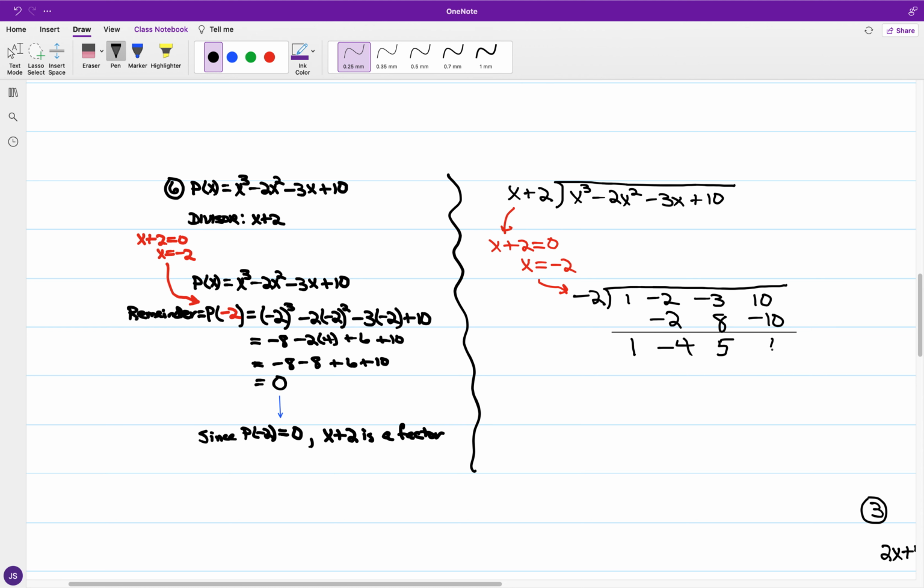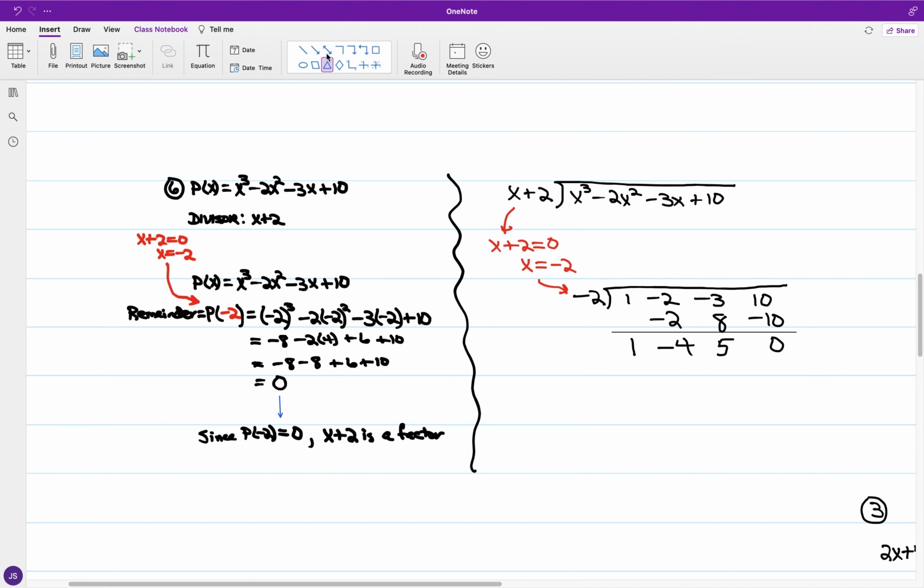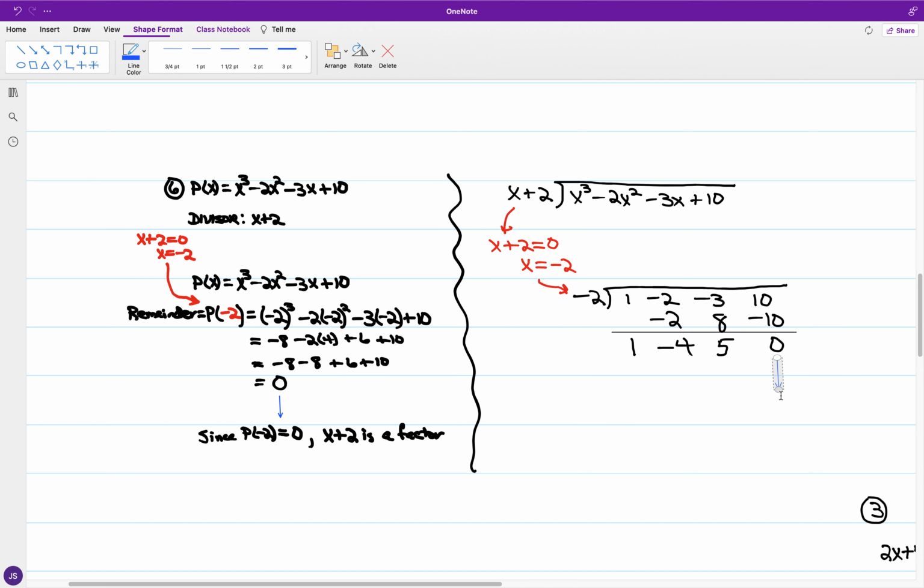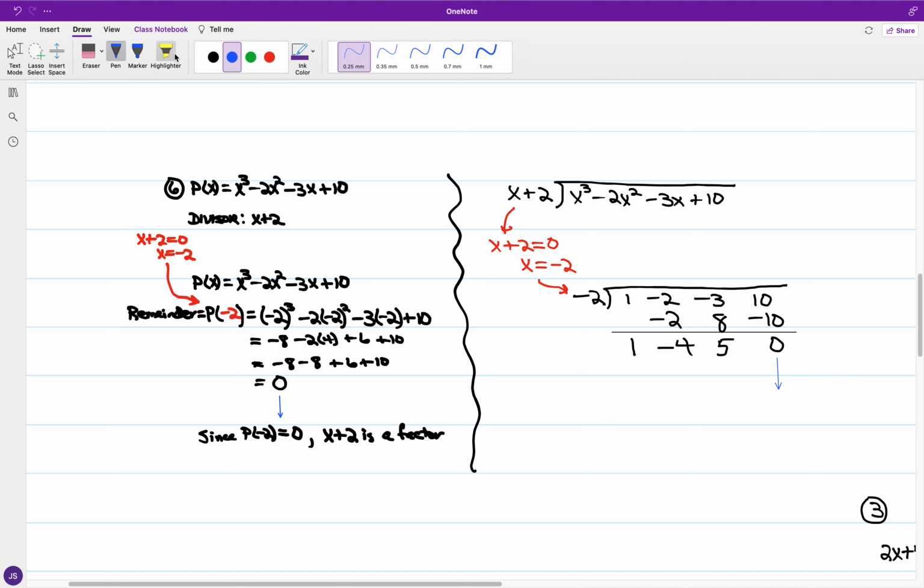And 10 plus negative 10 is 0. All right. So again, we have, in effect, that the remainder is equal to p of negative 2, which is again going to be 0.